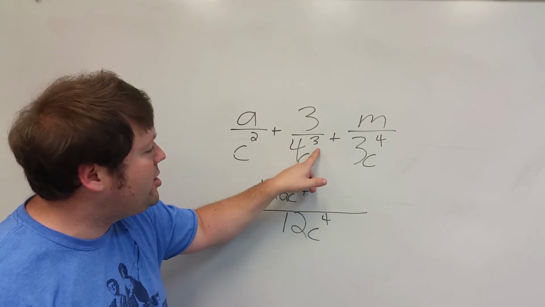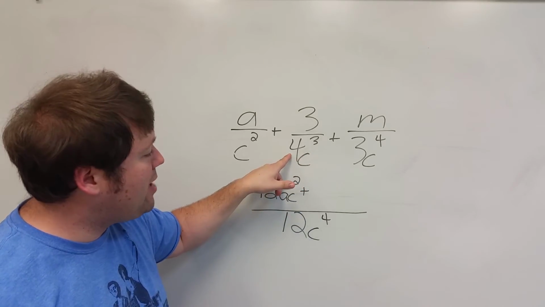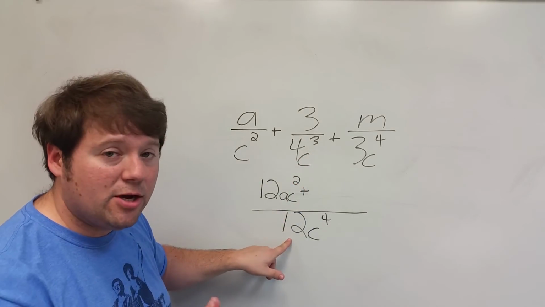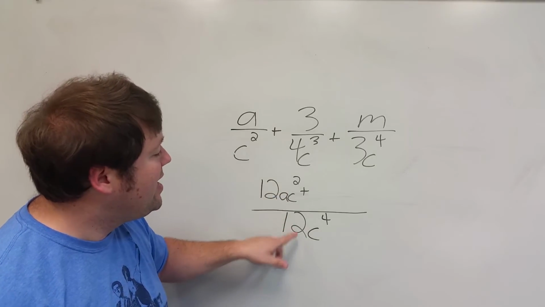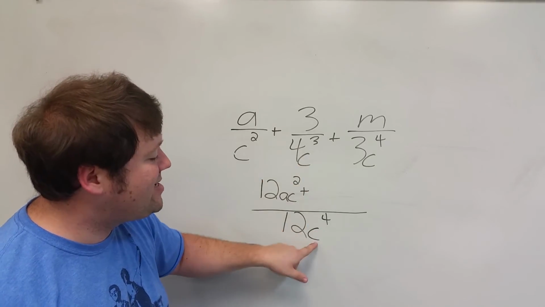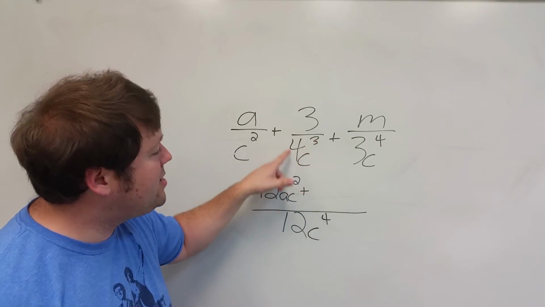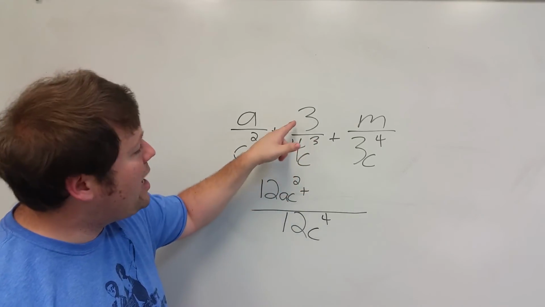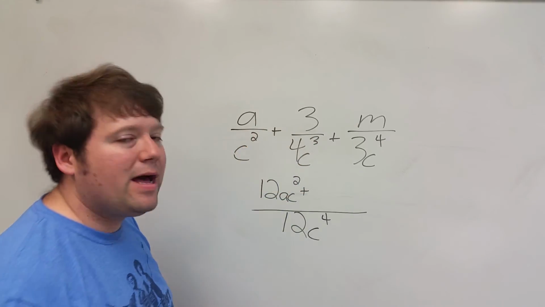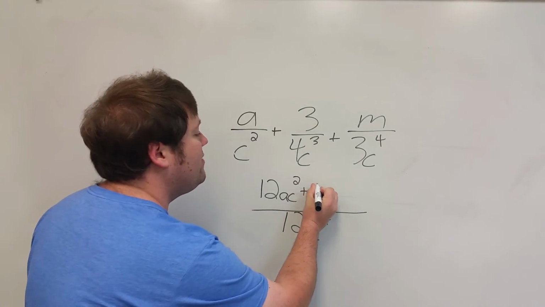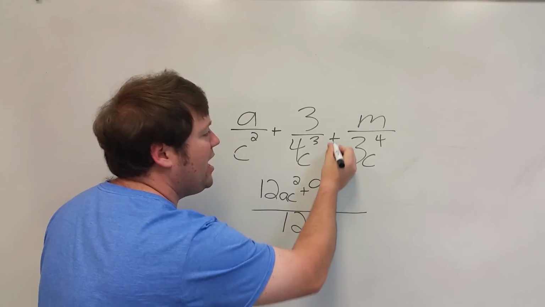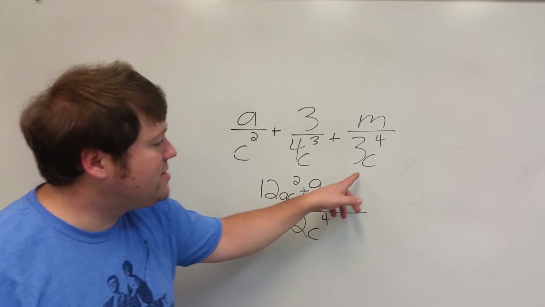We've got 4c cubed. I need to multiply 4 by 3, so that's going to be part of what we're multiplying by. And I also need to multiply it by c. So I need to multiply this denominator by 3c. I'll also multiply this numerator by 3c for a total of 9c. And then plus. And this one is very close.